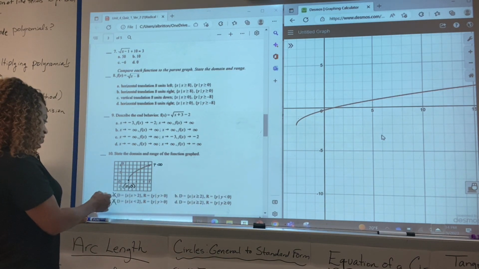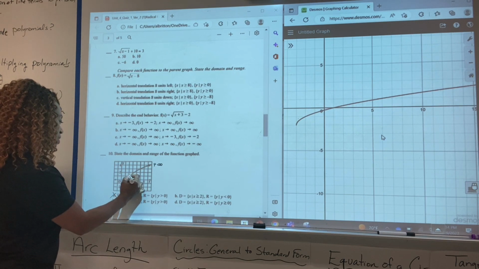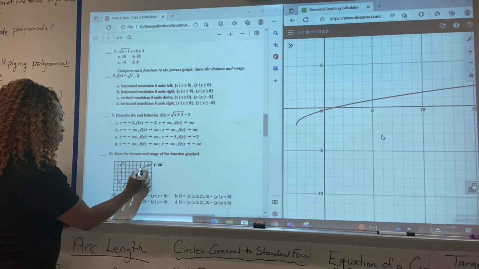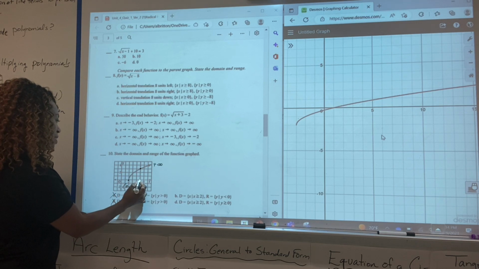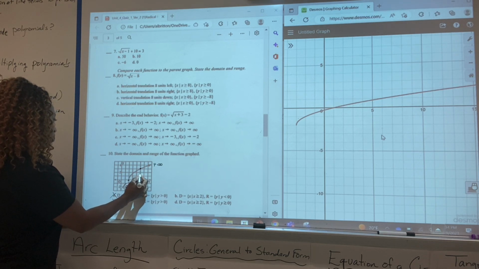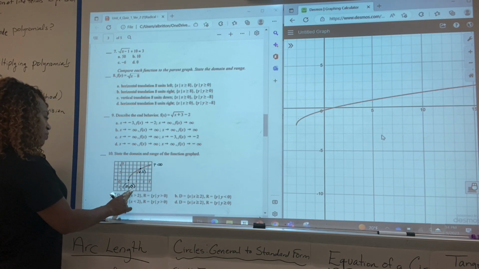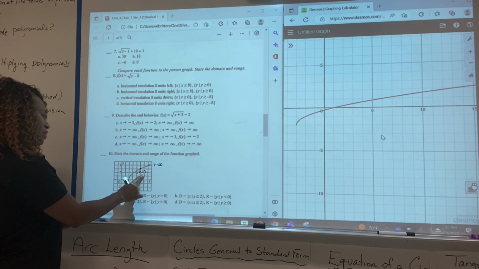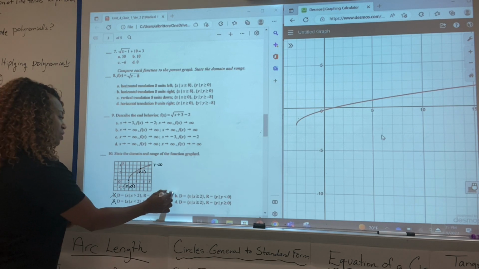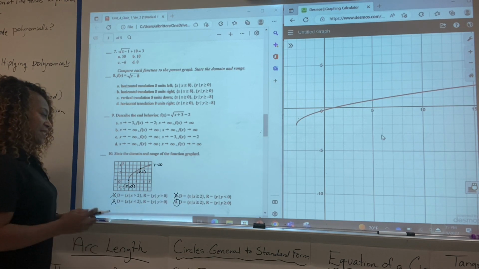It's not going down here. Because if we look at some other points, if we mark a few other points, this is 5, 3. See, it went from 0 to 3, it's getting bigger. It's not getting smaller. So this doesn't work, so the answer will be D.